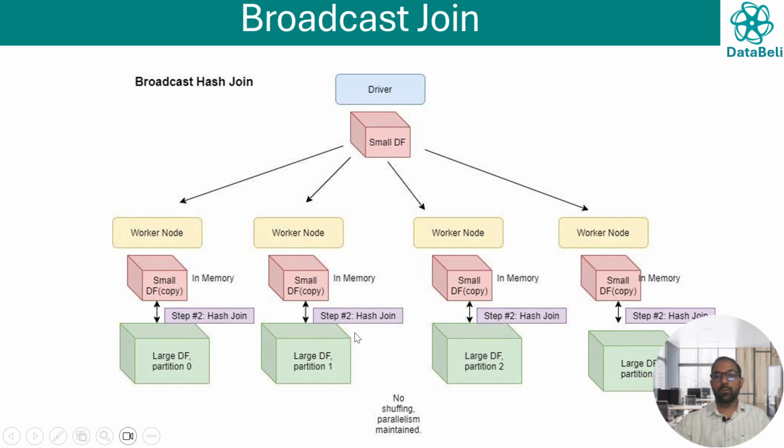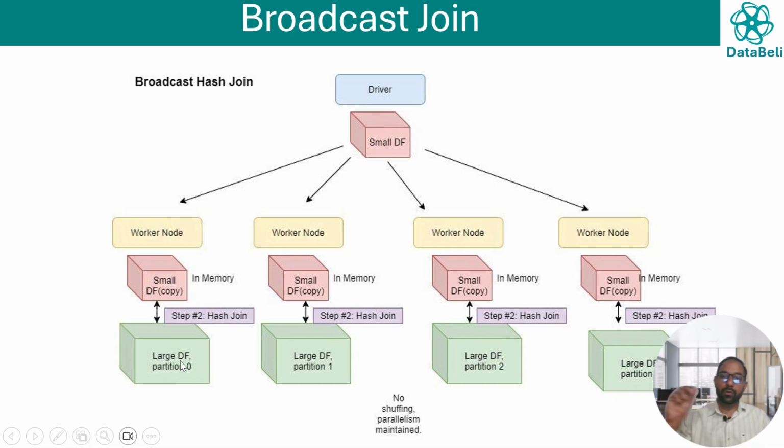Similarly, whatever rows are available here will be joined with this entire data frame here. That's how the joins happen within each and every worker, and there is no need to send data across workers, because each has its own copy of the small data frame.